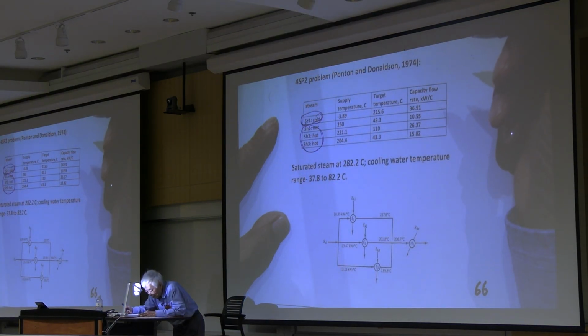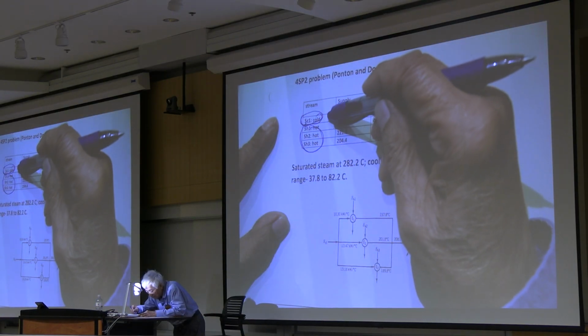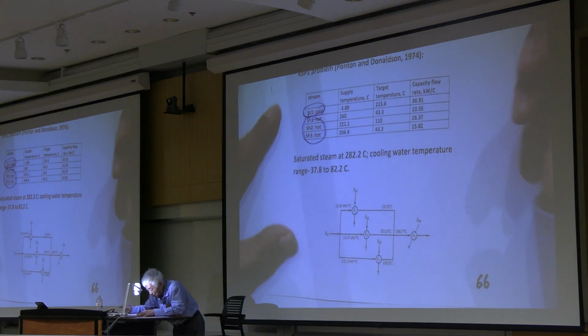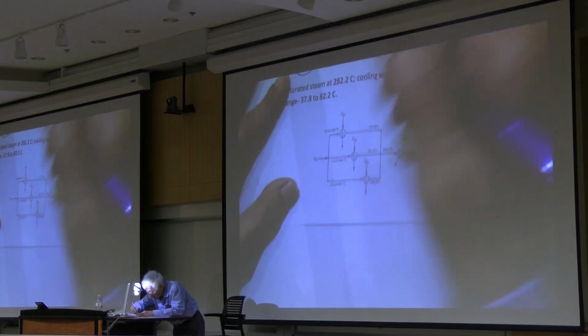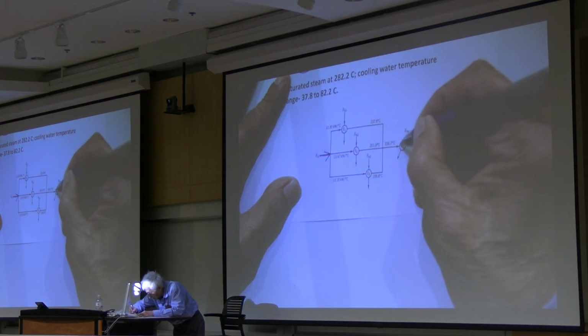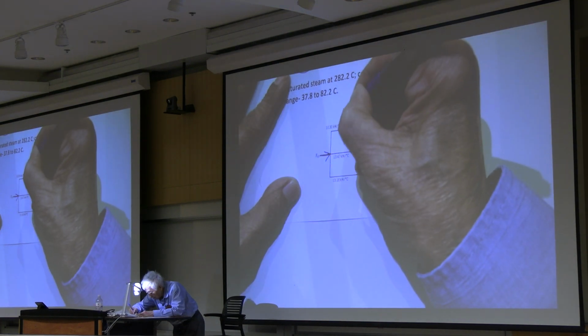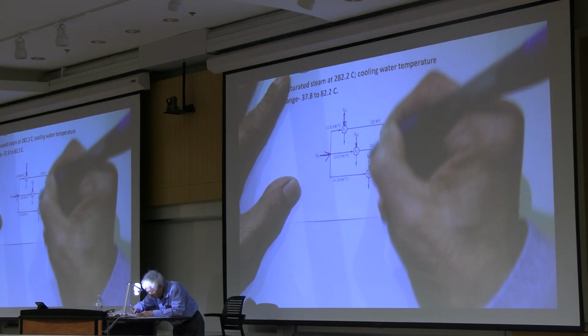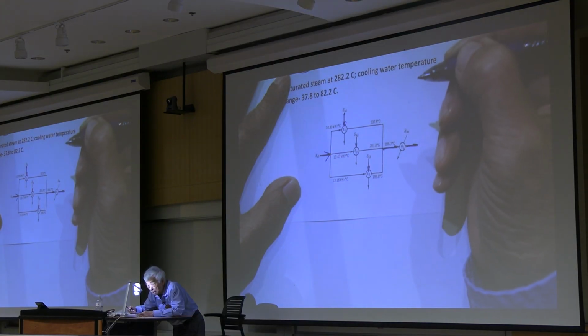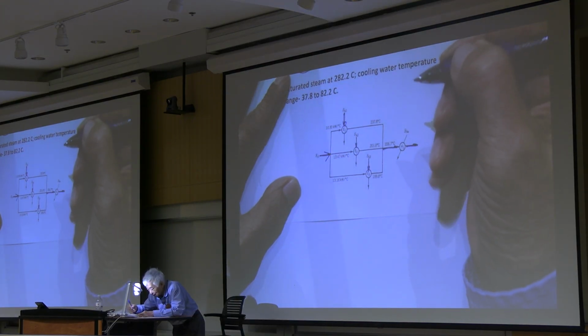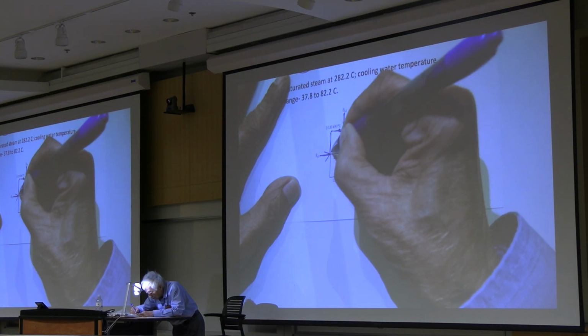Or you might have case 1 hot stream, 3 cold stream. So you heat up this cold stream, exchanging heat with 3 hot stream. You have no choice except to split it.